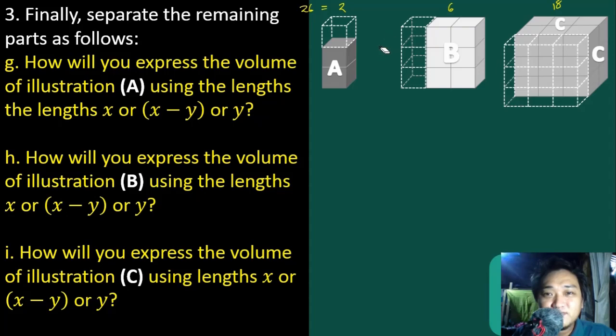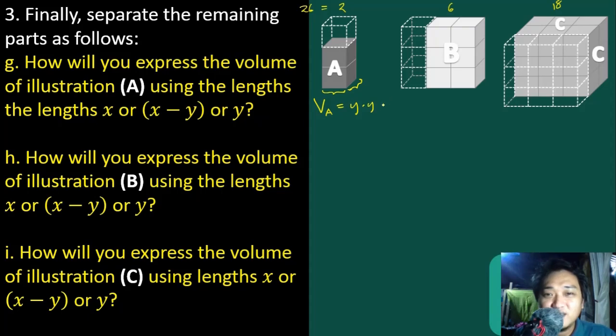Now, let us try to express the volume of A. And that portion alone, what will be the length? The length here, ang haba niya is y. Yung width niya is also y.